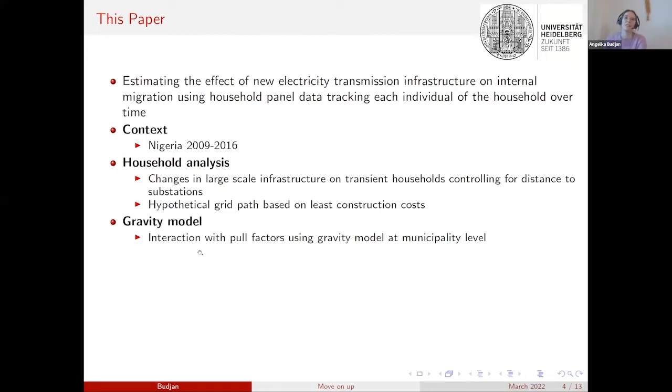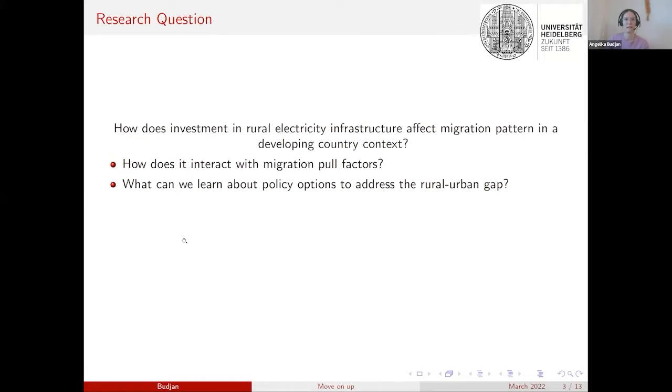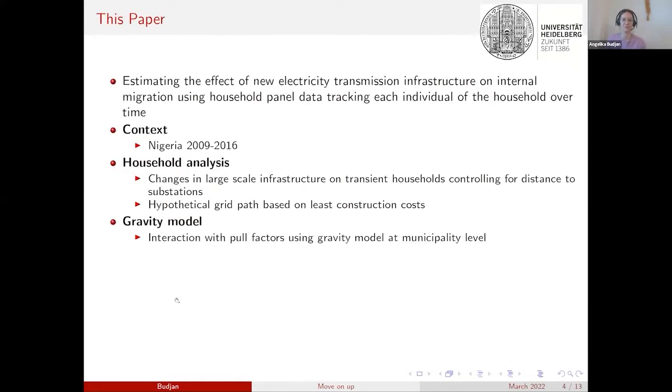And for the identification, I rely, first of all, on large-scale infrastructure changes and look at transient households that were not directly targeted by the policy by controlling for important geographic covariates, such as the distance to the closest substation.